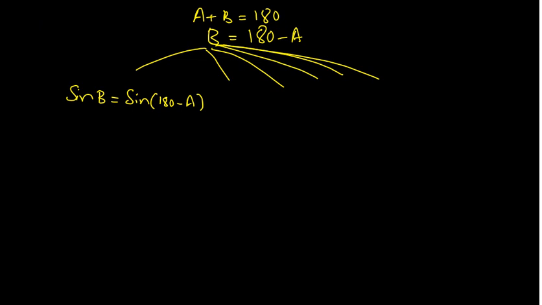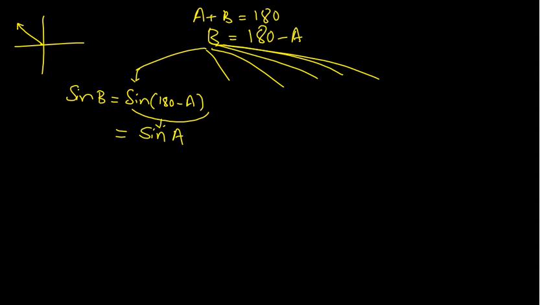Since we are in the second quadrant, sine is positive, these are the rules. This becomes sine A. For 90 minus, we got cos, so it changes to cos. For 180, it won't change. It will be the same, sine. Sine 180 minus A is sine A.